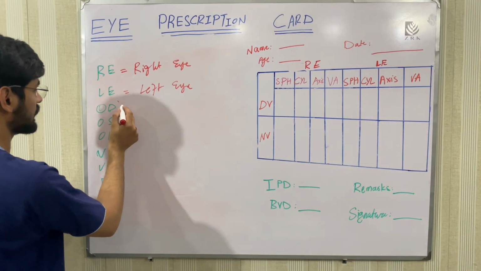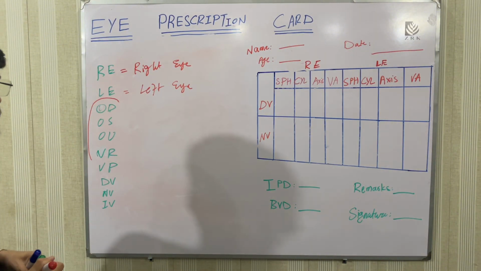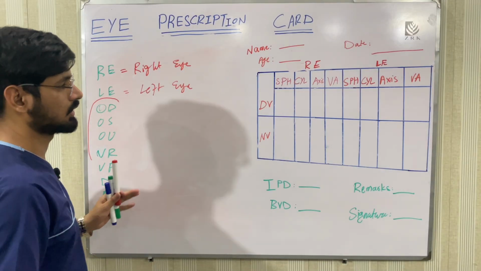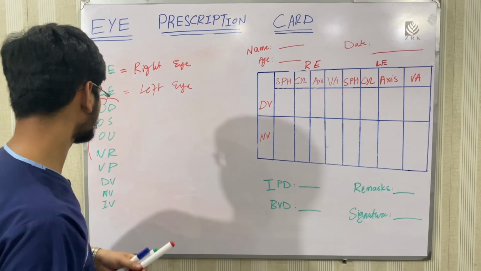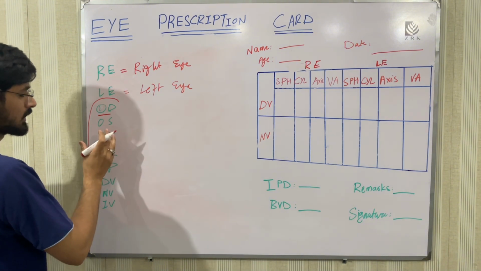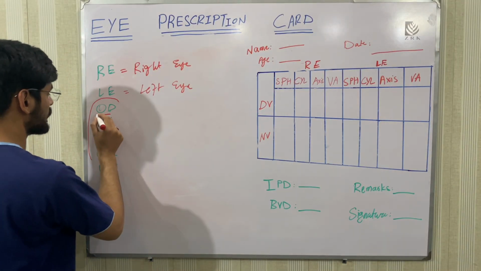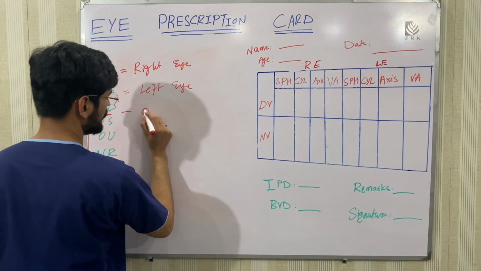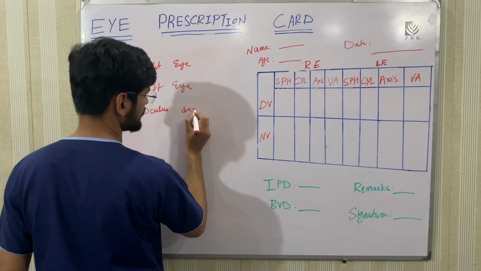Okay, but what about these words? First of all you need to understand the meaning of these words, then I'll tell you what they mean if you see them in an eye prescription card. These words come from Latin. OD comes from Latin, which means oculus dexter.